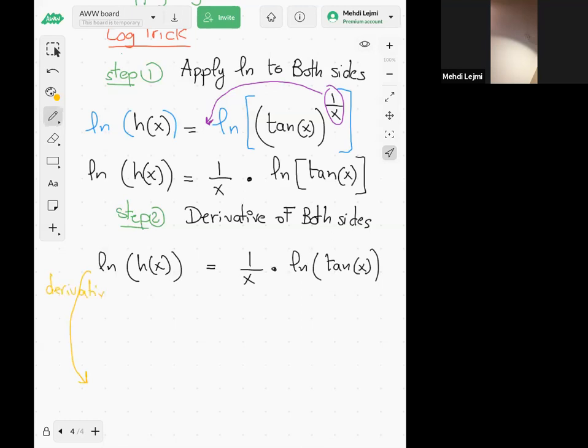Well, as we said in the previous example, when you have natural log of some function, the rule is the following. If you have natural log of, let's say, g of x, then the derivative would be g prime over g. So here I have natural log of h.